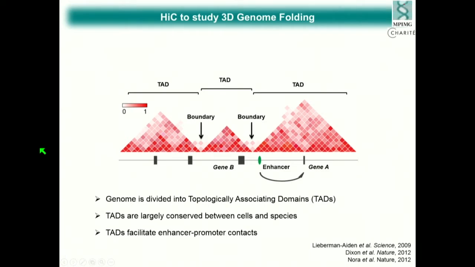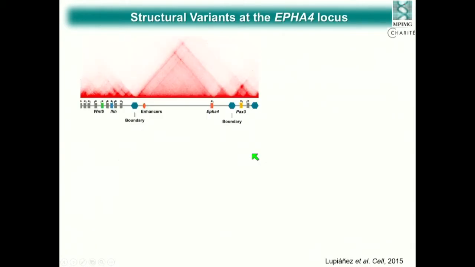So this enhancer that you see here will not screen the whole genome to find its target gene, but just its own topological domain, and find gene A pretty quickly and activate it. TADs are also separated by boundary regions, right? And this, of course, leaves us with the possibility that structural variants may influence this organization.